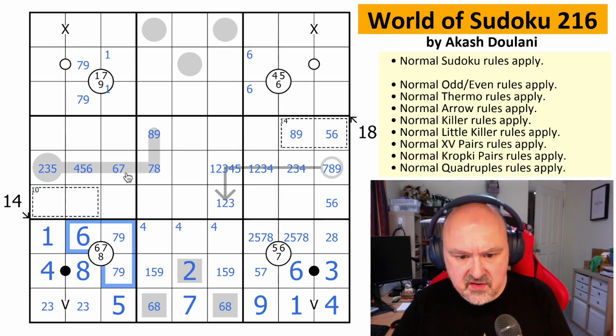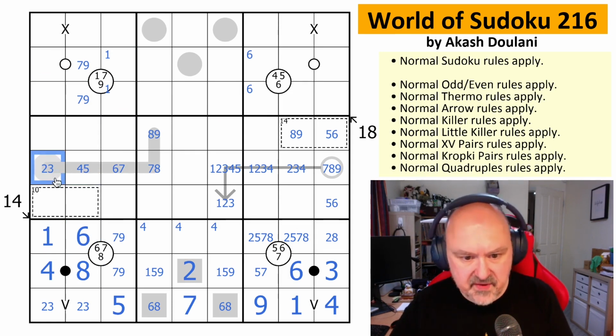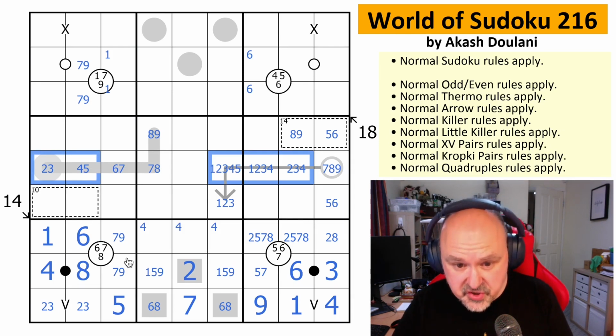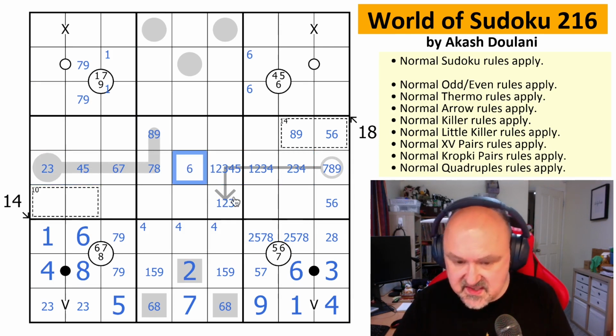So 6, 7, 9 triple in this column meant that the 7, 9 in this quadruple had to be there. The 7, 9 pointed down at the 6, 7, 9 again, making that the 6. It takes 6 out of there. Means that that can't be 5. This is a 1, 2, 3, 4, 5 quintuple. So this is a 6, 8, 9.